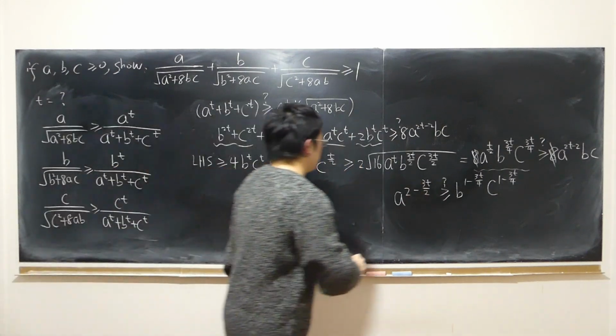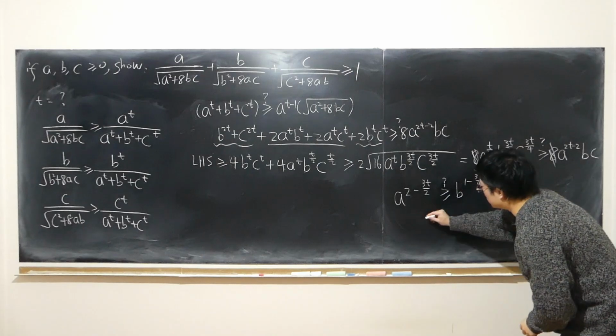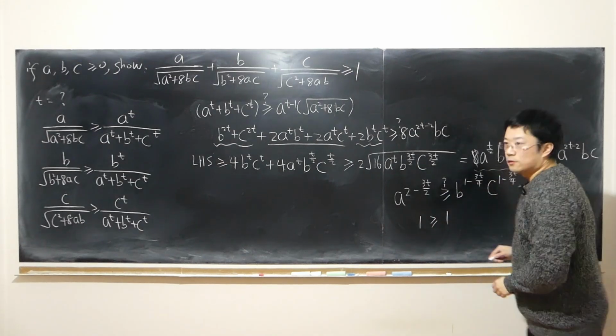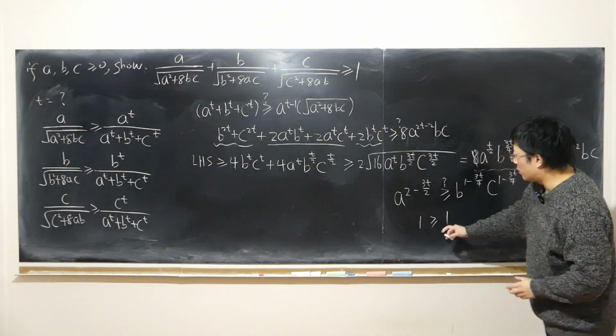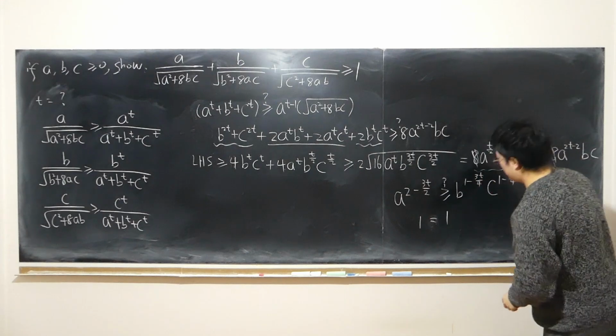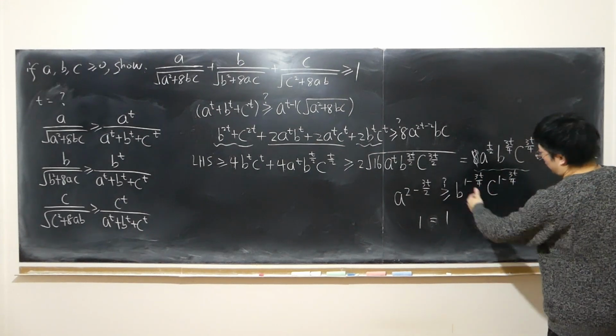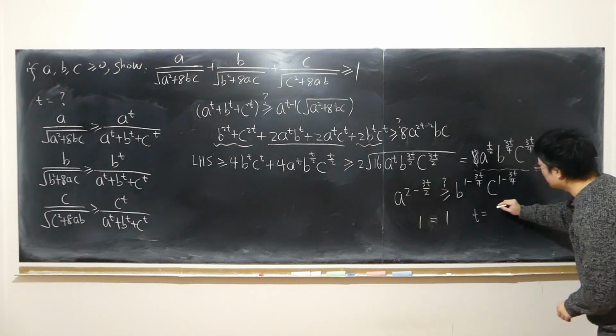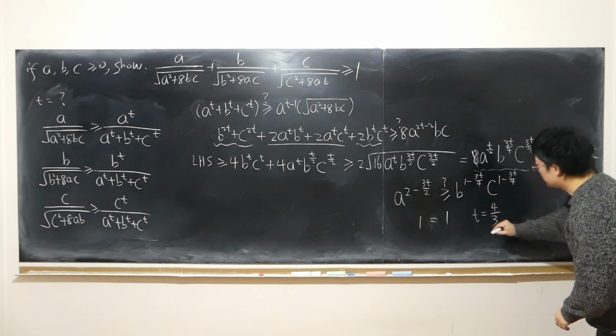Maybe that's true: a to the 0, 1 greater than or equal to 1 times 1. So it doesn't have to be strict inequality. The equal sign is also fine. This is a non-strict inequality when t equals 4 over 3.